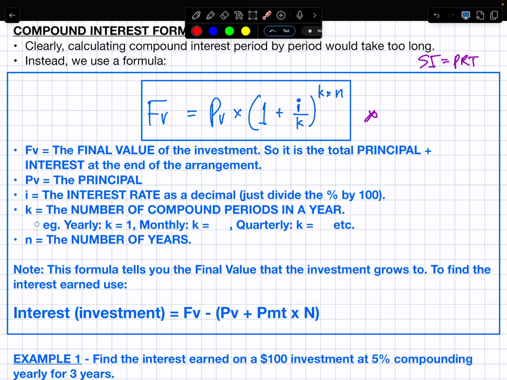The little k there stands for the number of compound periods in a year. So if it was compounding yearly, k would be 1. What would k be if it was compounding monthly? Yep, 12. What would it be if it was compounding quarterly? How many quarters are there in a whole? 4. Might as well add, because you're in year 12, you're going to have to handle this.